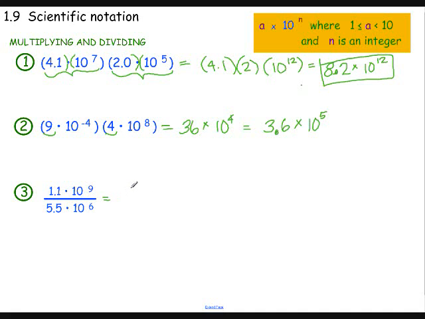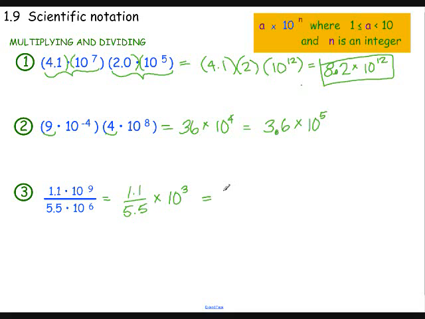How about this one? I'm going to look at this as 1.1 over 5.5 times, I've got these two bases of 10, so I can say 10, and it'll be 9 minus 6, or 10 to the 3rd.